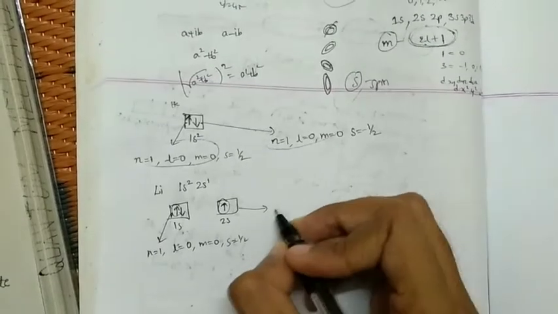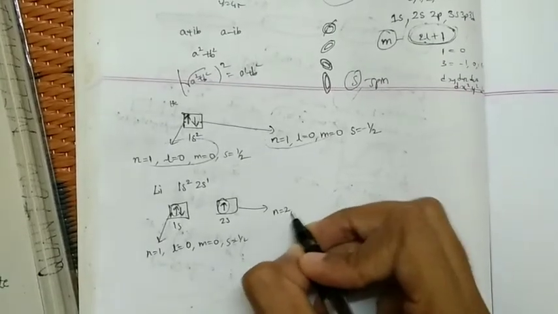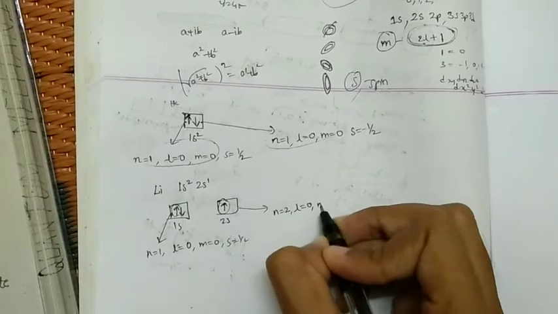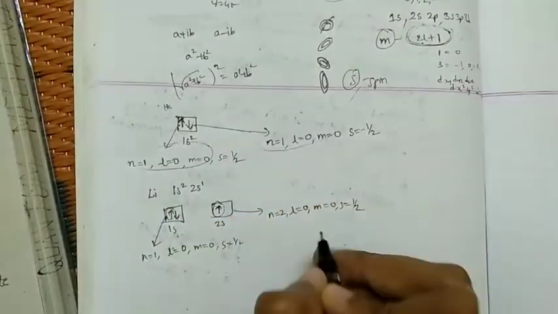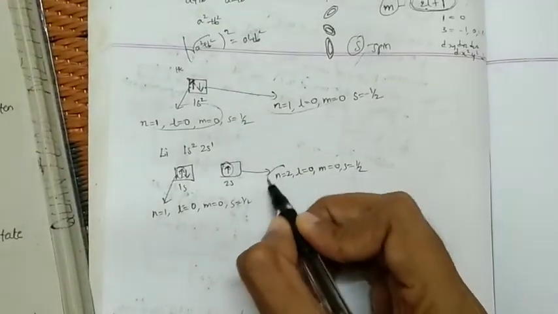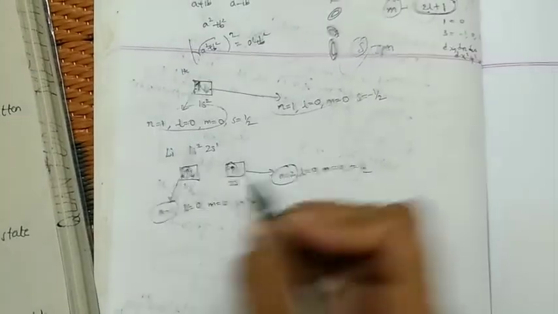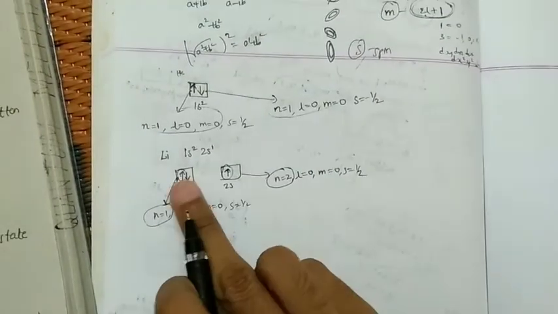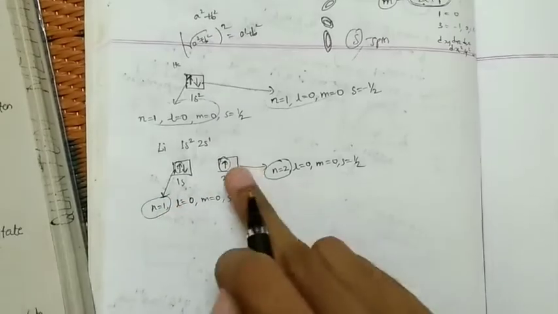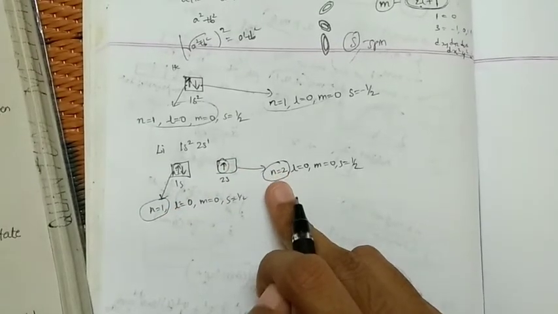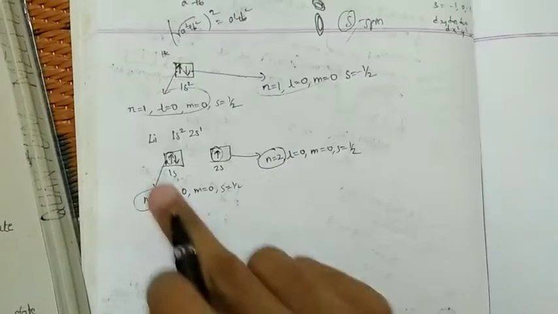For this electron, n equals 2, l is 0, m is also 0, and spin is also half, because it is also pointing up. So where they differ is that in one case n equals 1 and in the other n equals 2. In the first, the principal quantum number is 1; for this electron its principal quantum number is 2. So they differ over here.